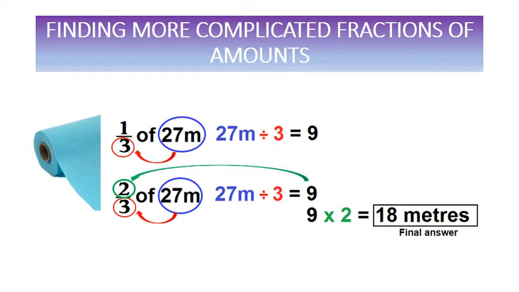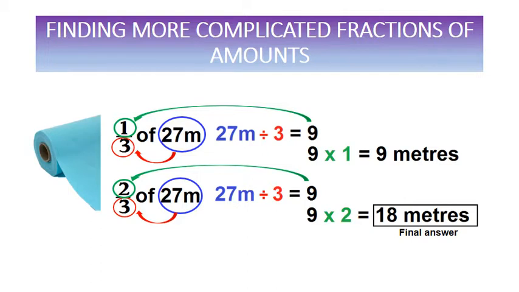The second step is to take the 9 and multiply it by the 1, the numerator, but you can see that the answer is exactly the same as it was after the first step. And that's what happens when the numerator is a 1. We basically don't need to do the second step because the answer will be exactly the same.